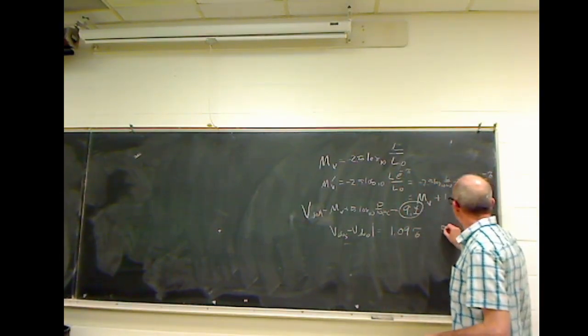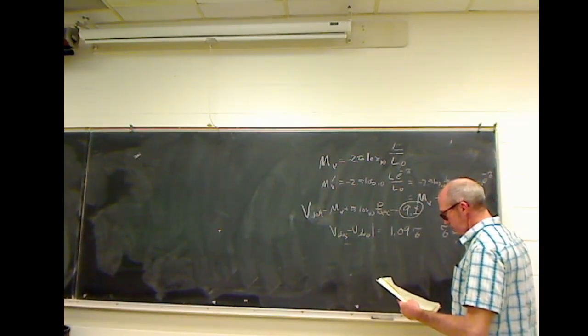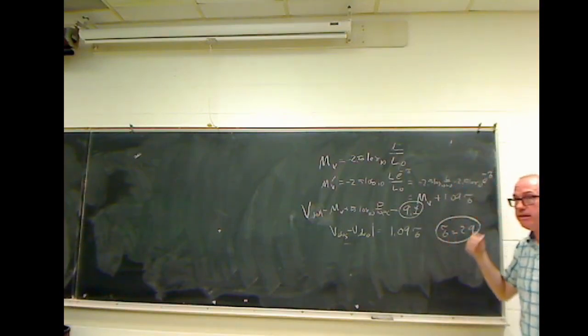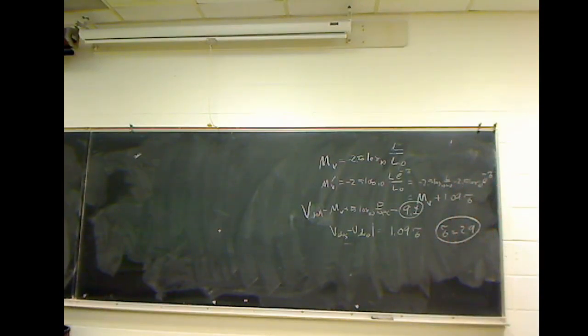So tau is equal to 2.9, which is optically thick. Anything bigger than 1 is optically thick. I did that kind of fast, but I'm running out of time. So the second bit, what if tau equals 1? That's optically thick. So if tau equals 1 or more, that's thick.